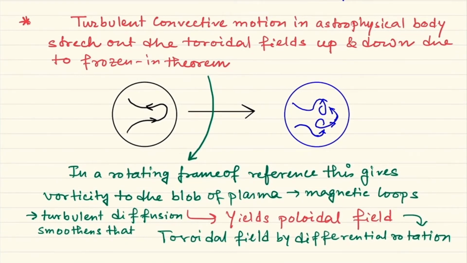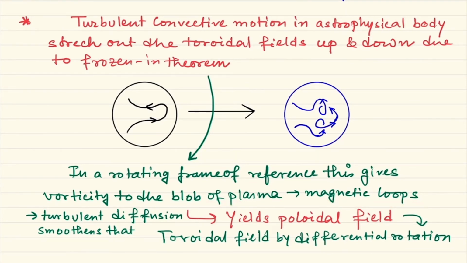We know this from the effect of rotation in a rotating frame of reference: even for an incompressible fluid, we do not need an initial vorticity, since the solid body rotation of the plasma itself gives the plasma a vorticity, and that vorticity would evolve in time. Now once the vorticity is given, then magnetic loops are formed.